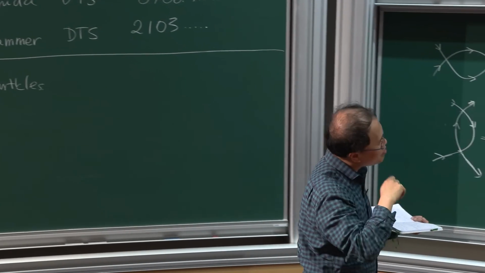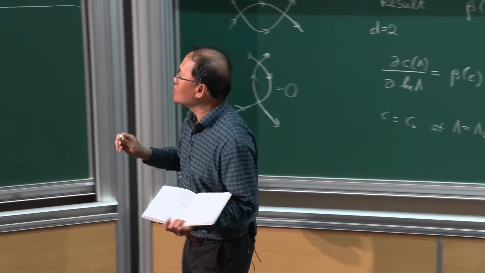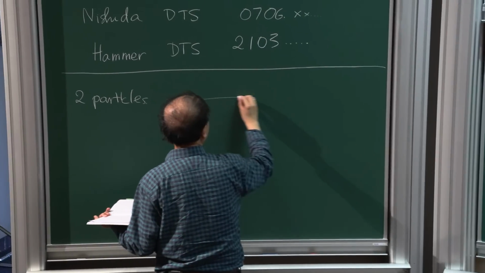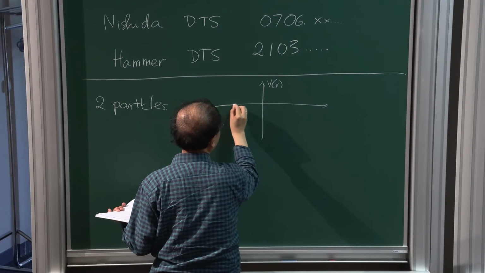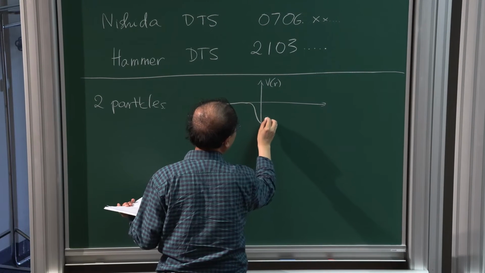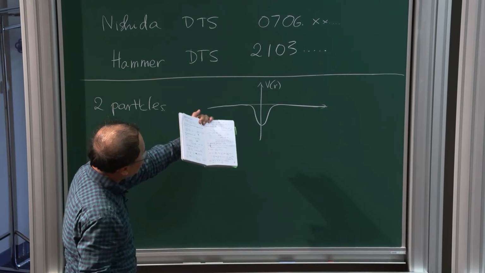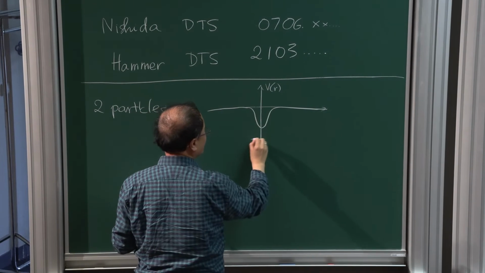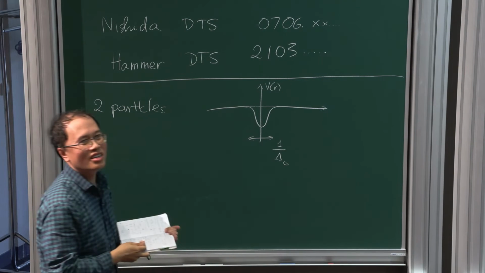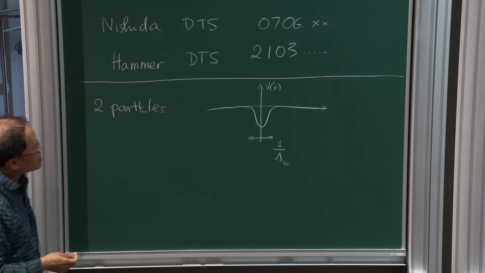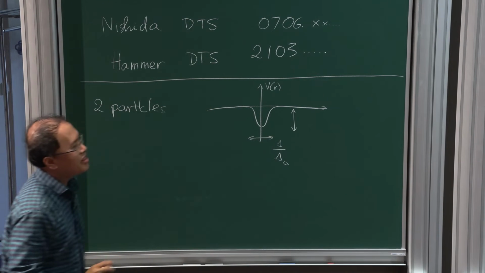In fact, in order to make sense of this delta function in 2 dimensions, we have to regularize it. That is, we have to make the potential finite in width. I'm drawing the potential V of r as something that looks like this. It should not really be a delta function, but we regularize it so that the width of the potential is finite: 1 over lambda naught is the width. The potential has a negative height.